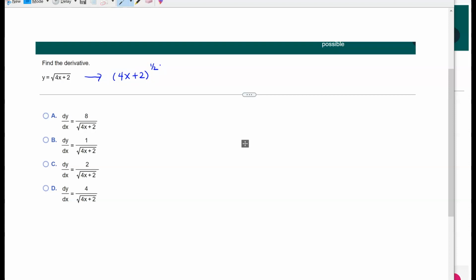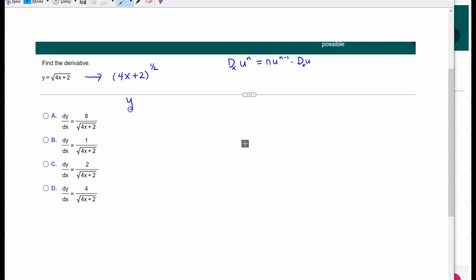Then we recognize that we will use the power rule, which is the derivative of u to the n with respect to x, and that is equal to n, u to the n minus 1 times the derivative of u with respect to x. So let's apply that to here.